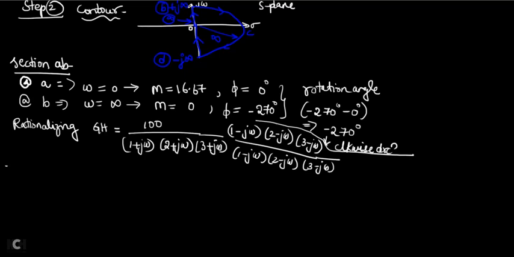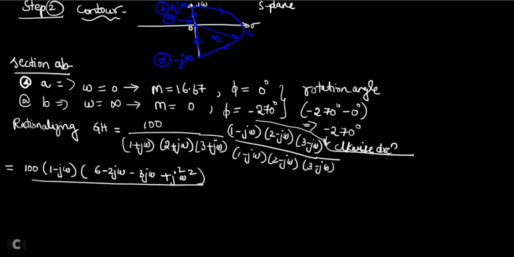Now what is the thing you will get? In the numerator you should multiply. I am keeping 1 minus j omega as it is, and I am multiplying the second and third terms. So you are going to get 2 3s are 6, minus 2j omega minus 3j omega plus j square omega square, and the whole divided by the denominator. 1 plus j omega into 1 minus j omega you can write as 1 square plus omega square.